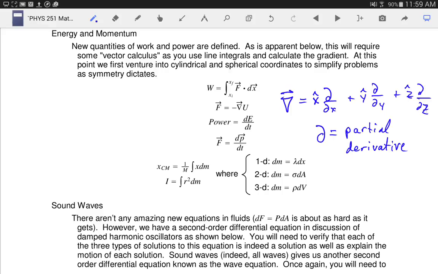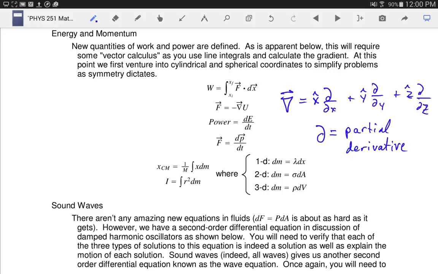Partial derivatives, it seems scary, this new symbol. What does it mean? It means it's easier to take the derivative. A partial derivative means when you take the derivative, if you have more variables than just the one, all the variables that you're not interested in, you treat as a constant. If it's not a partial, then you have to worry about how y changes with time, how x changes with time.